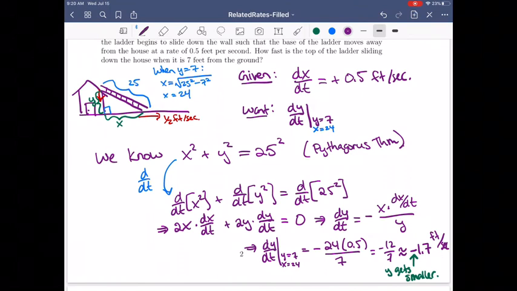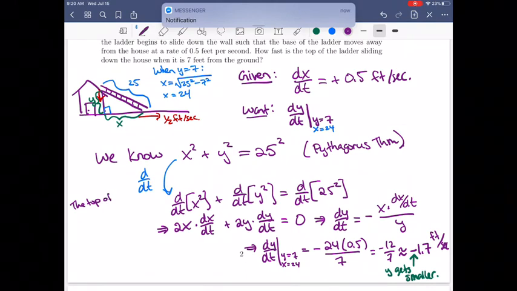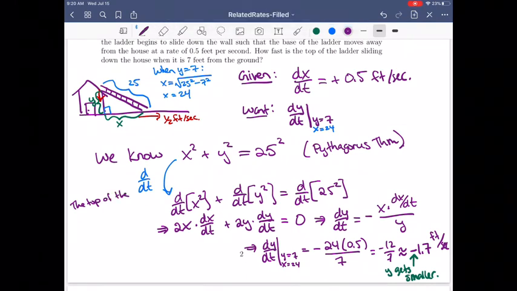So now we should just write our conclusion. The top of the ladder is falling, going down at a rate of 1.7 feet per second when it is 7 feet from the ground.